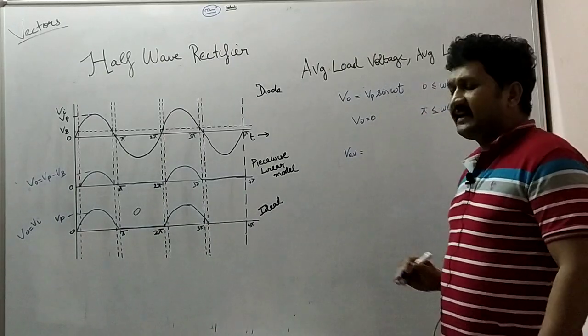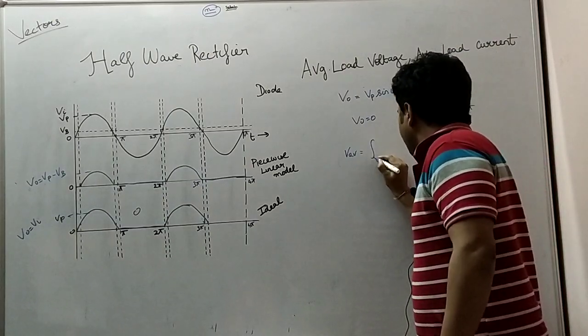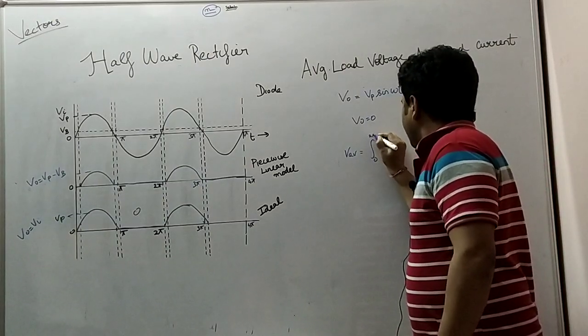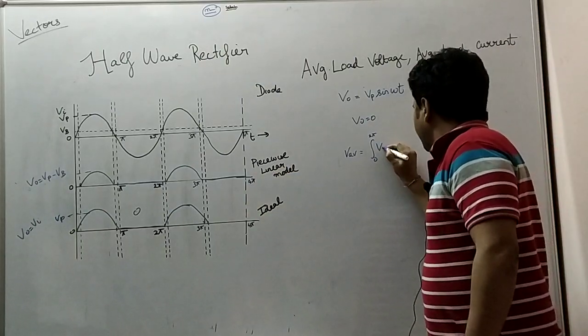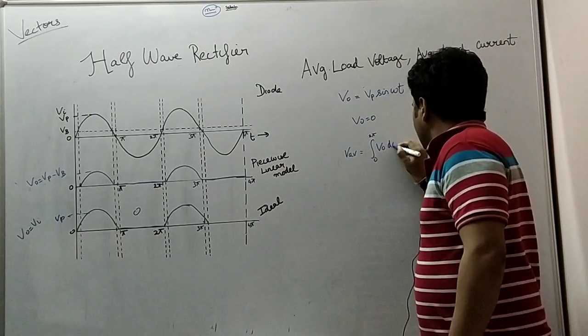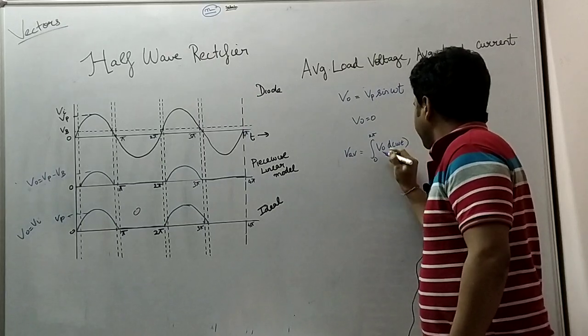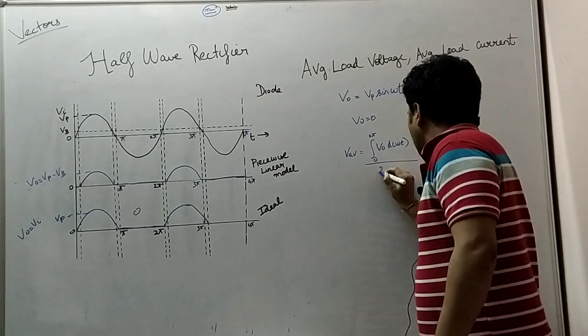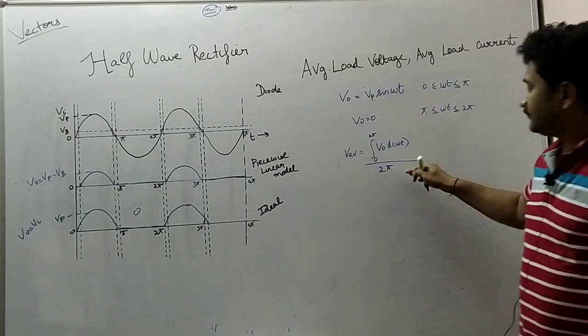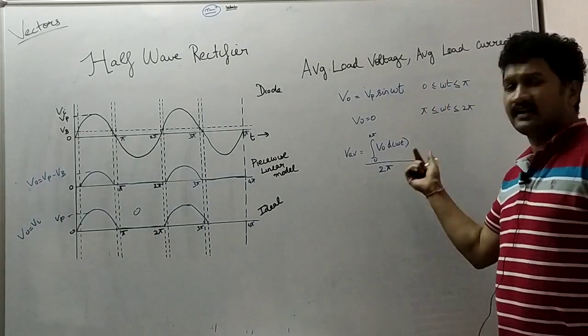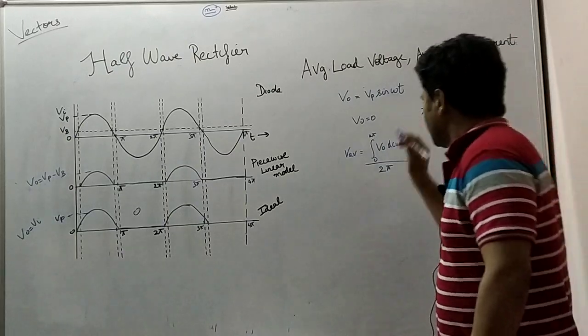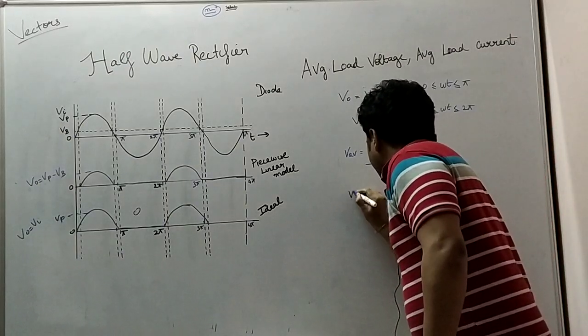The expression for finding the average voltage is the integral from 0 to 2 pi. We have to consider both positive and negative half cycle. V0 d omega t divided by 2 pi. When we talk about average, we should divide by 2 pi since that is the total time taken. So we are expanding that.